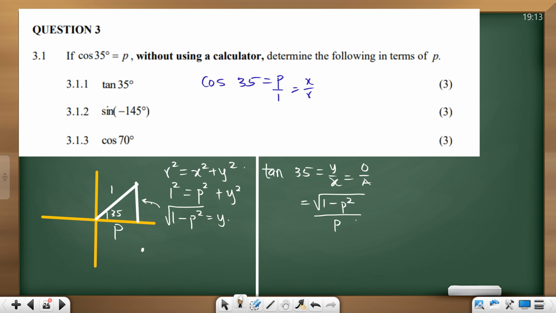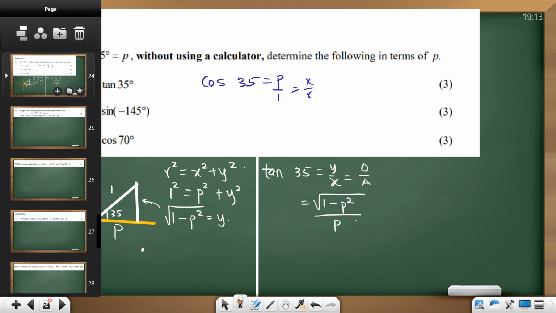I'm moving now quickly, guys. Sine negative 145. You've got to reduce that first. I've taught you how to reduce. Are you aware that it's sine 35? Yeah, negative sine 35.